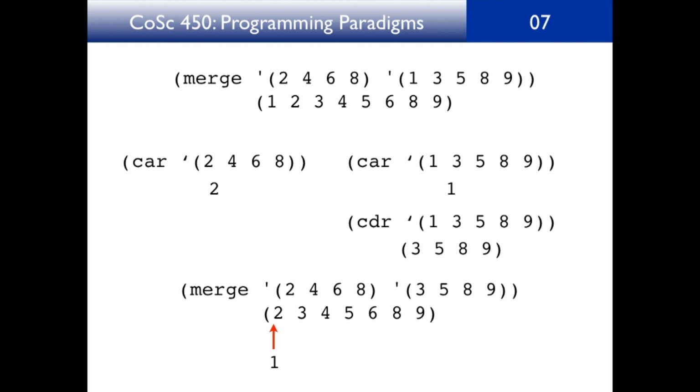But what we'll do is we'll compare the car of this with the car of this, and if they're the same, that's when the code will not do one or the other. You'll see. The way it detects duplicates is when it compares the car of list 1 with the car of list 2. Is everybody with me on this?